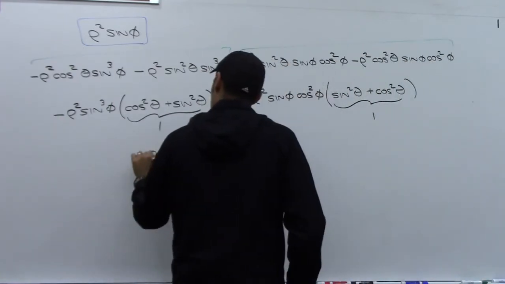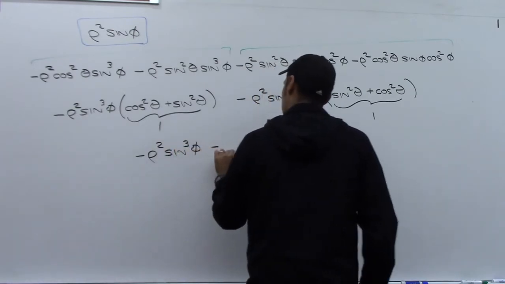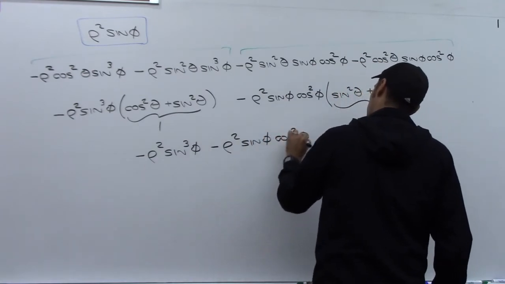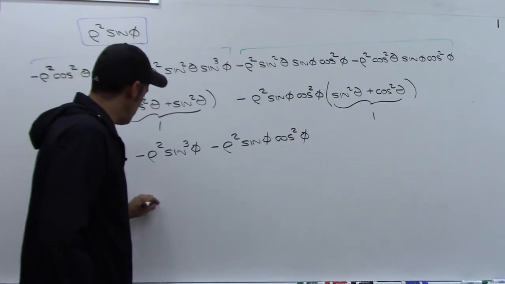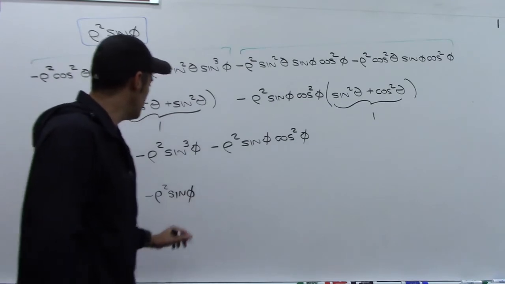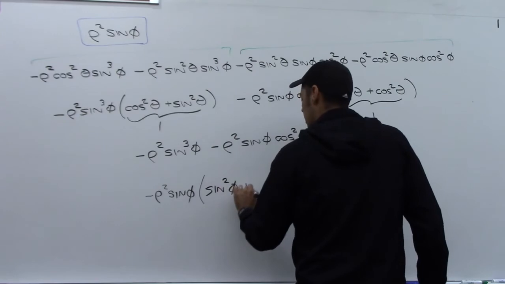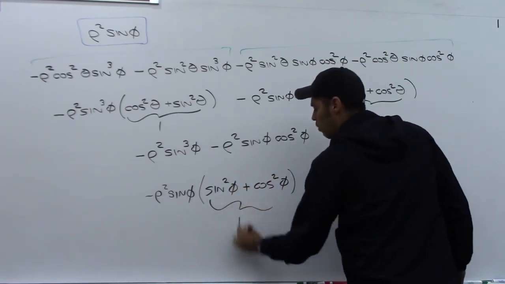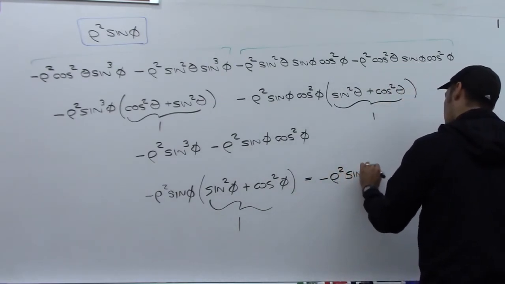So I'm left with negative rho squared sine cubed phi minus rho squared sine phi cosine squared phi. And notice that these both have a negative rho squared sine phi as a common factor. I pull that out, I'm left with sine squared phi plus cosine squared phi, which again is 1. So you're left with negative rho squared sine phi.